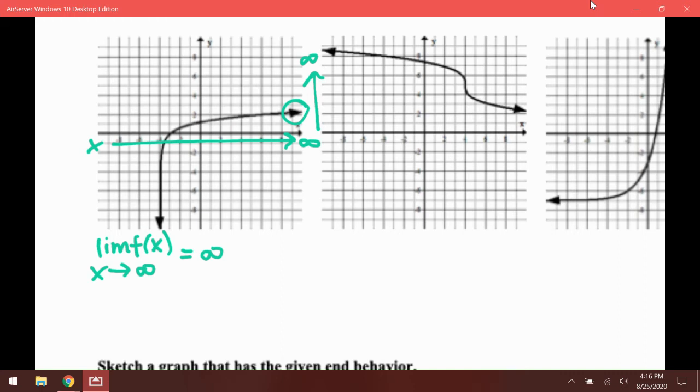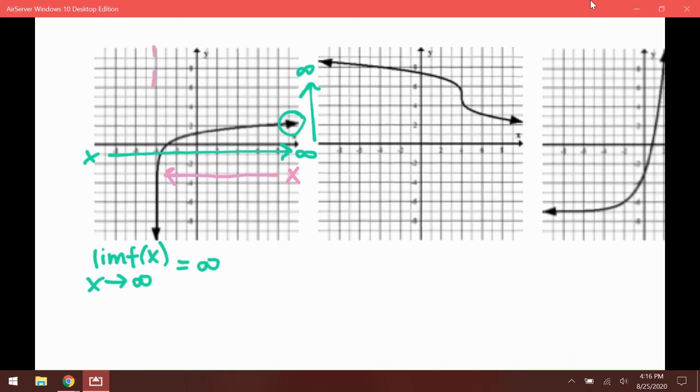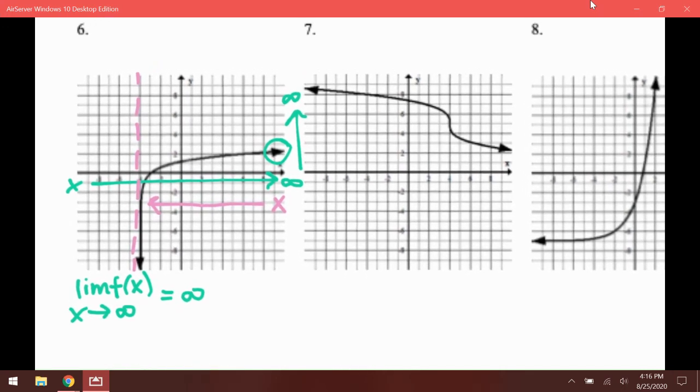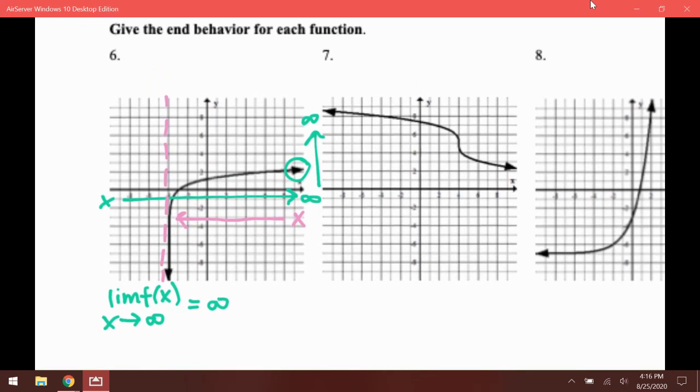And then I need to go the other direction. Okay. So we have as x approaches, but wait a second, we're not actually going to approach infinity on this one because our x values are stopping right here. This is called an asymptote. It means it's a place where the graph cannot go past. So we have an asymptote at x equals -4. That's asymptote, which we'll learn more about later in the year.